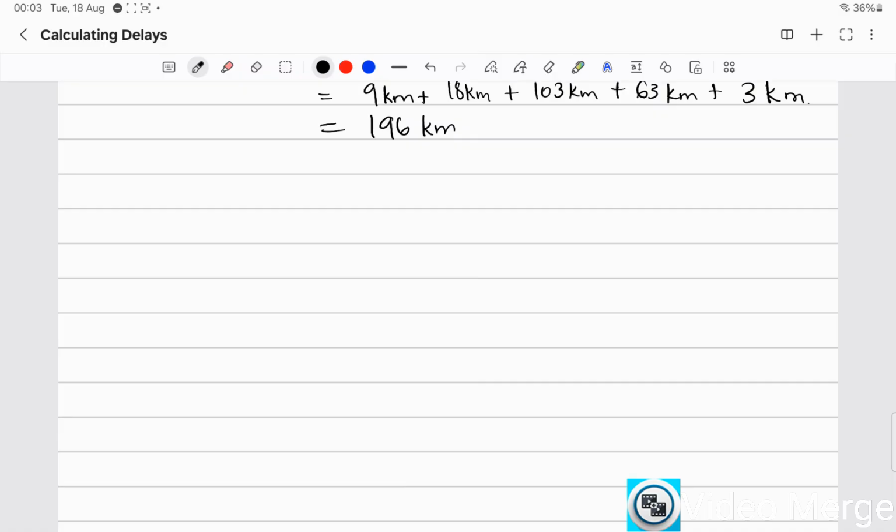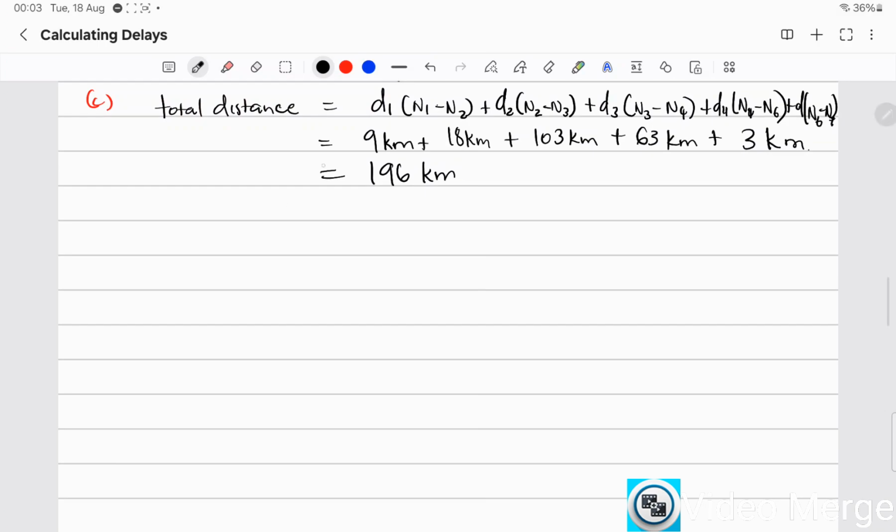So in our case, propagation delay is equal to distance over speed, the propagation speed. They gave us the propagation speed, remember?